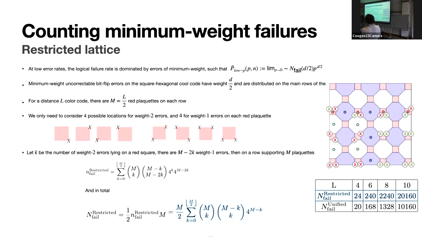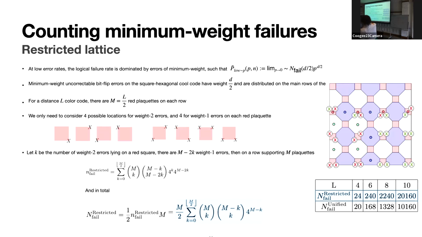Then we count, if we have m minus 2k weight 1 errors given k weight 2 errors, then on each row that has m plaquettes on it, where m is D/2, the number of uncorrectable logical errors is given by the sum over there.